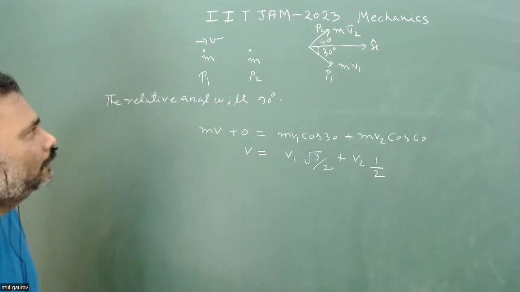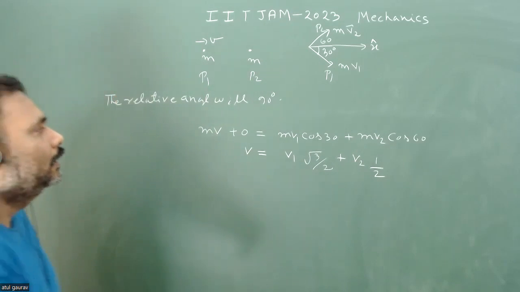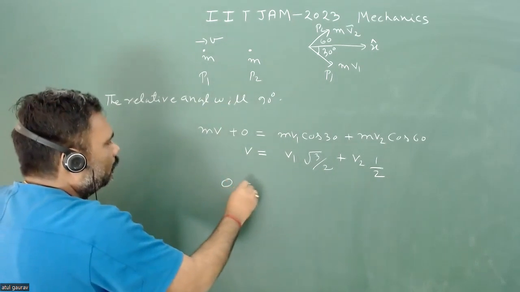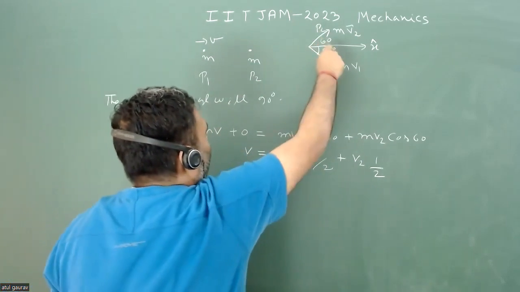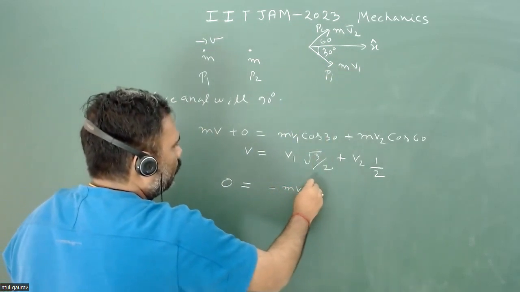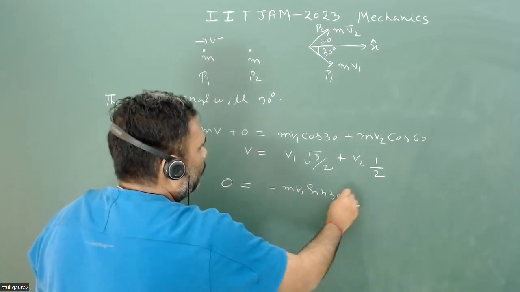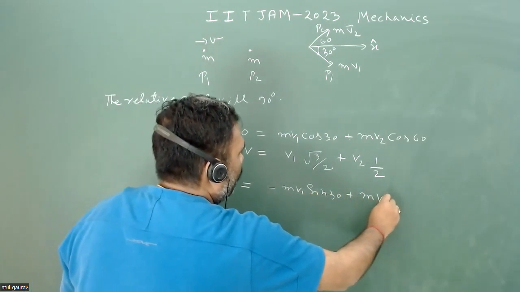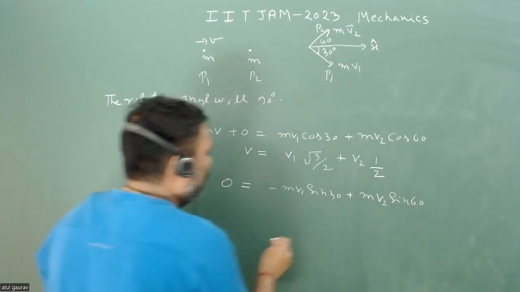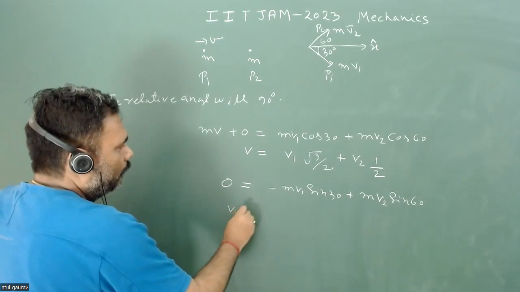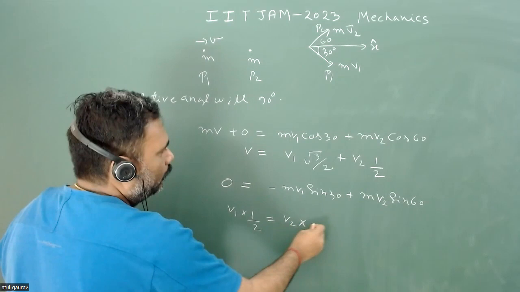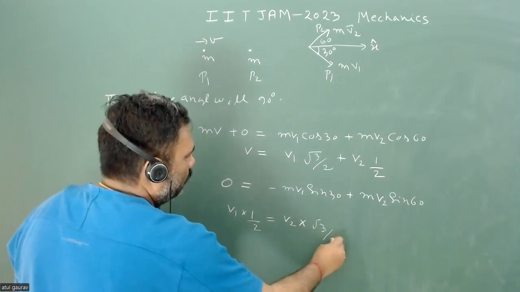The second is conservation in the y direction. For the y direction, 0 is the initial momentum, and we can take this one as positive and this one as negative. There is no problem. So we have mv1 sin 30 plus mv2 sin 60, giving v1 times half equals v2 times root 3 by 2.